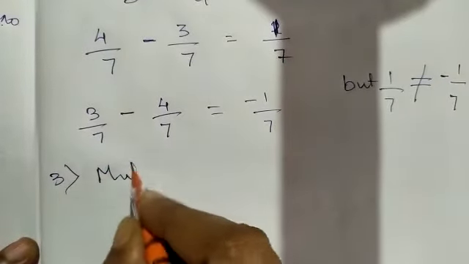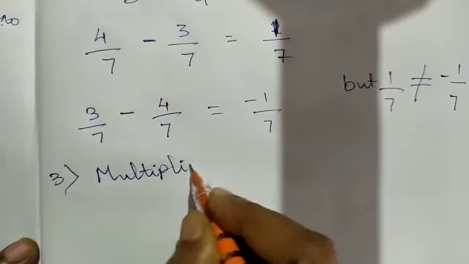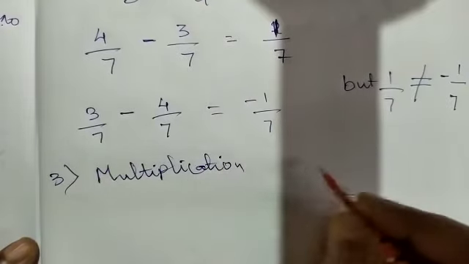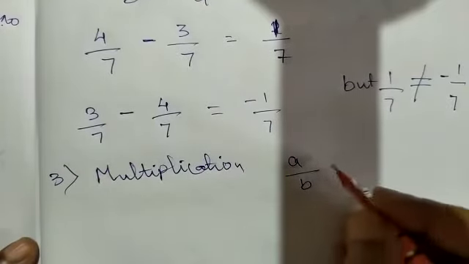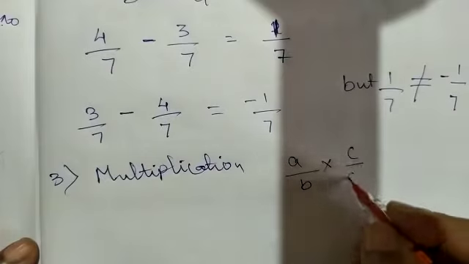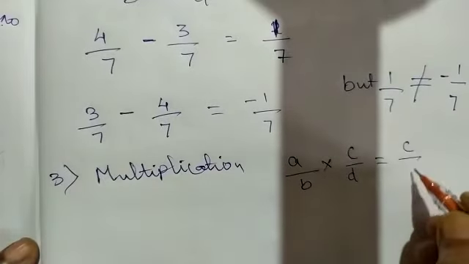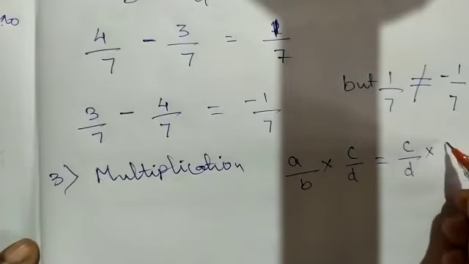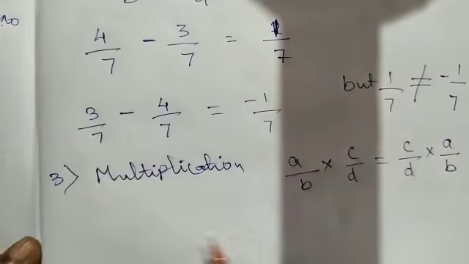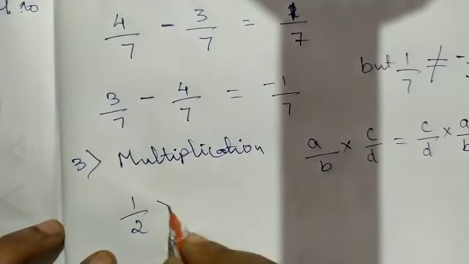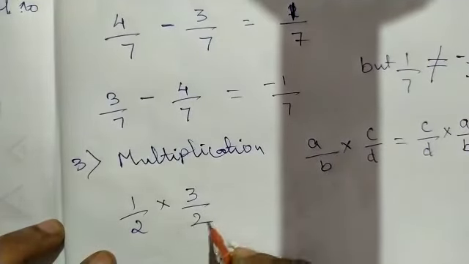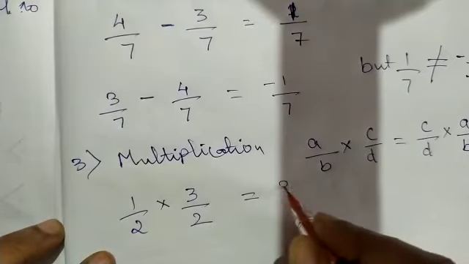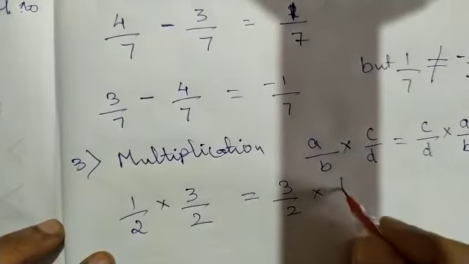Next comes multiplication. For multiplication, a by b into c by d must be equal to c by d into a by b. For example, 1 by 2 into 3 by 2 must be equal to 3 by 2 into 1 by 2.